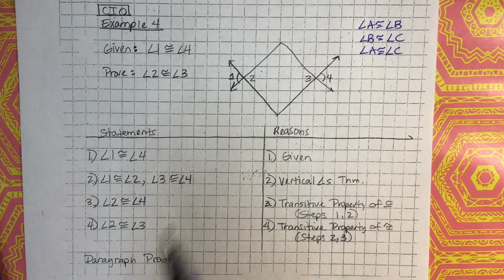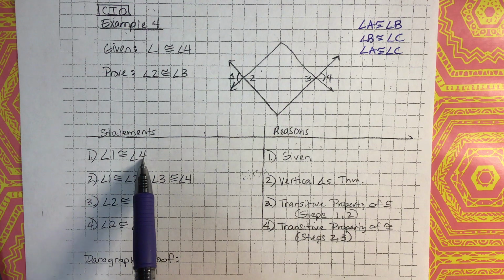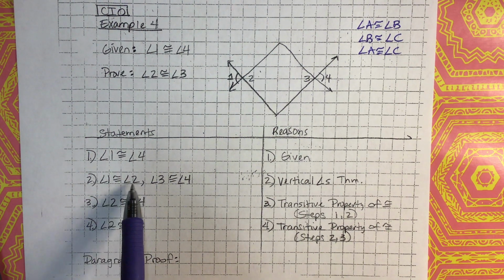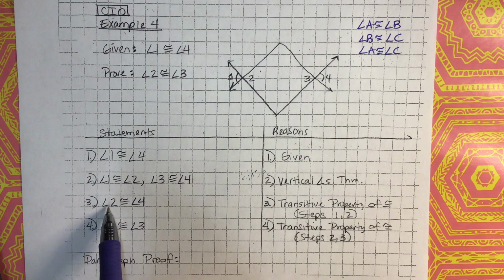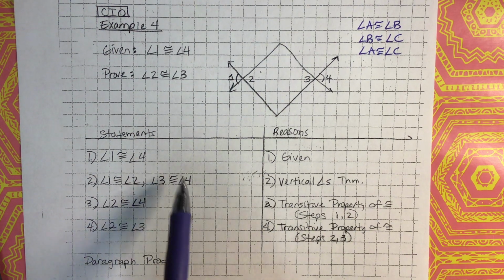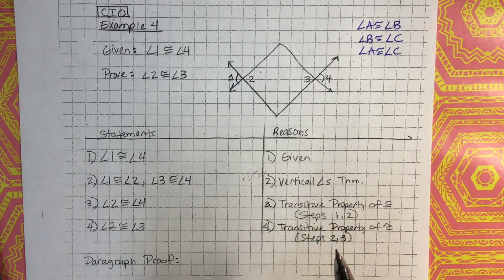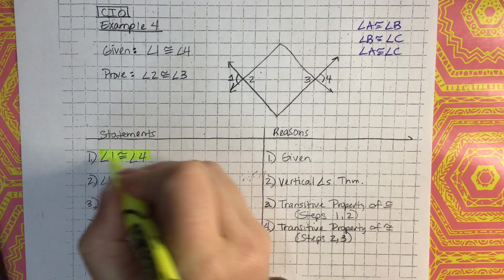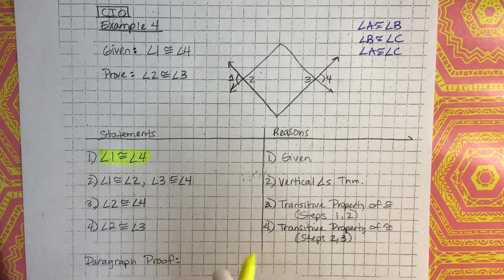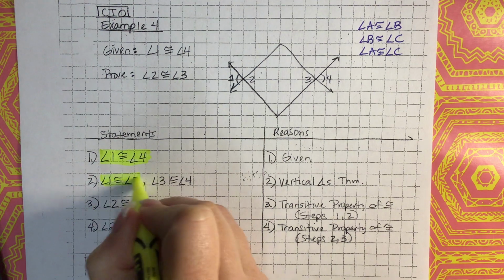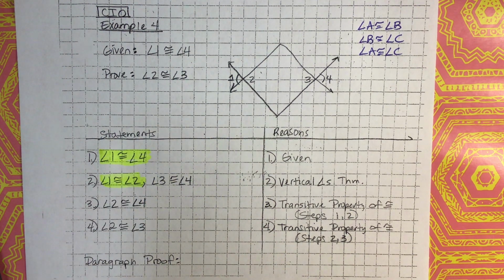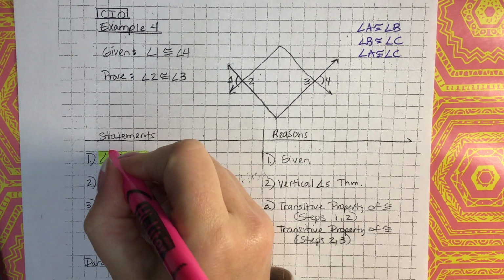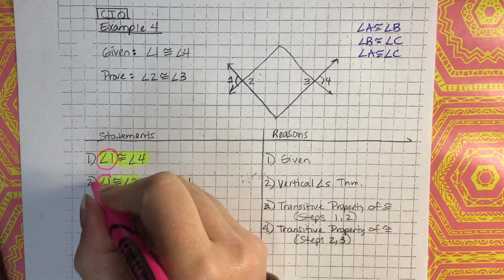So we have angle 1 and angle 4. We have angle 1 and angle 2, angle 3 and angle 4, and we're getting to here angle 2 and angle 4, okay? So what are the pieces of information that are being used? Well, if you look here, we're going from angle 1 to angle 4, and angle 1 to angle 2, so to me, it looks like both of these are congruent to angle 1, right?